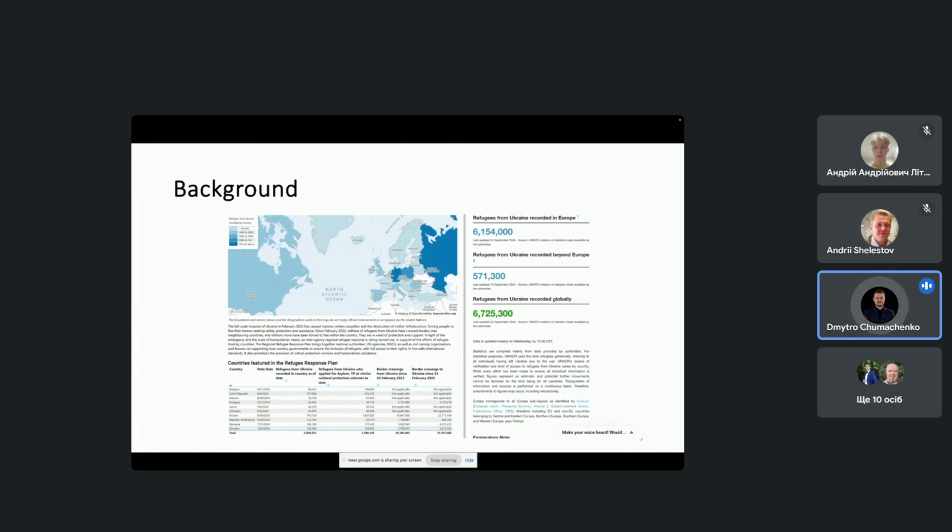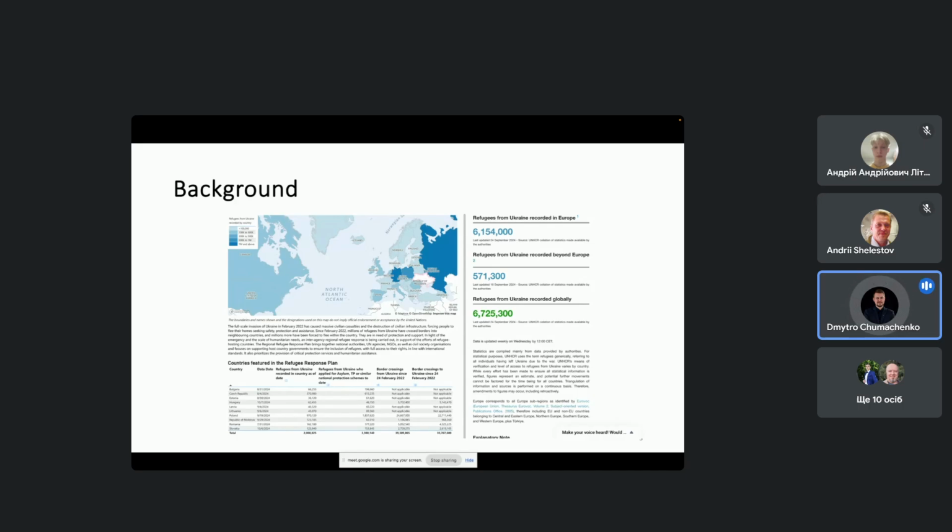The international response to this refugee crisis has been robust, led by frameworks such as the Humanitarian Response Plan and the Regional Refugee Response Plan. These plans focus on providing essential services to internally displaced people within Ukraine and refugees in neighboring countries.